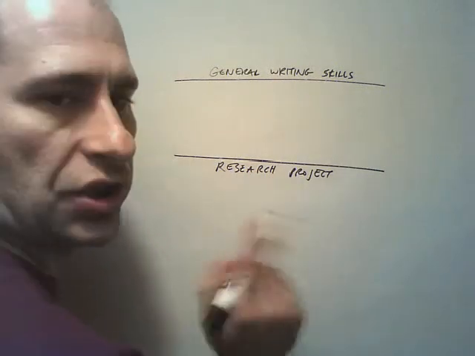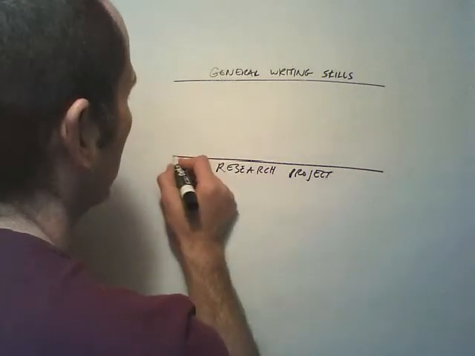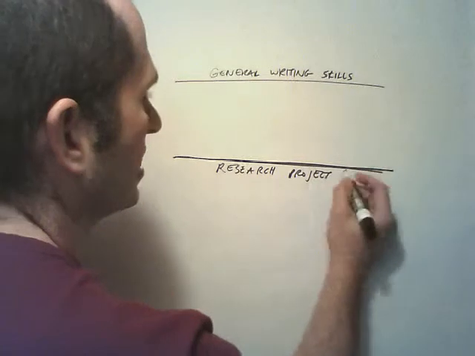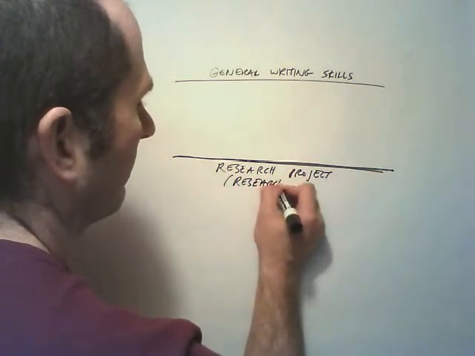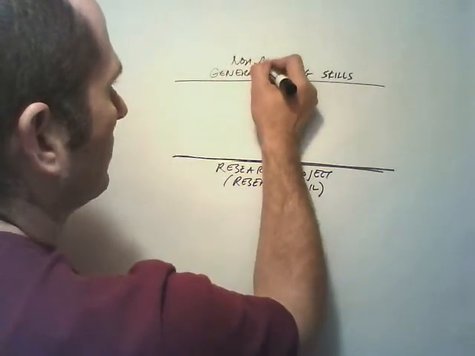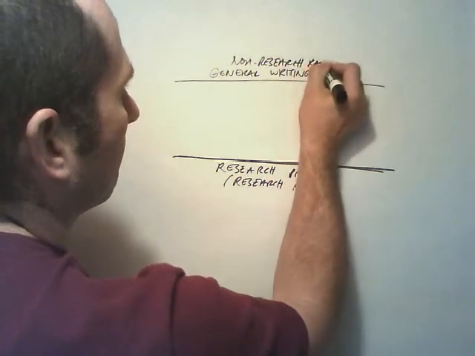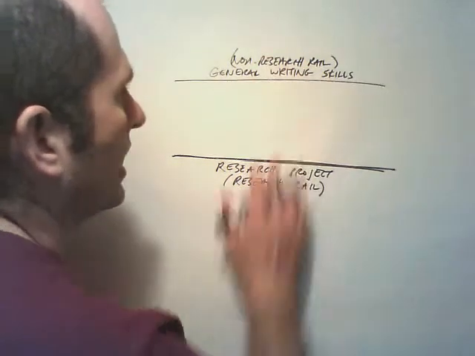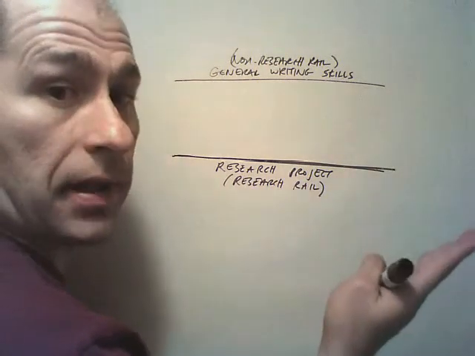In fact, what I want you to view this as is a railroad track with two rails. Okay. So this is the research rail. This would be the non-research rail. Because up here, you're doing assignments that are not on your topic.